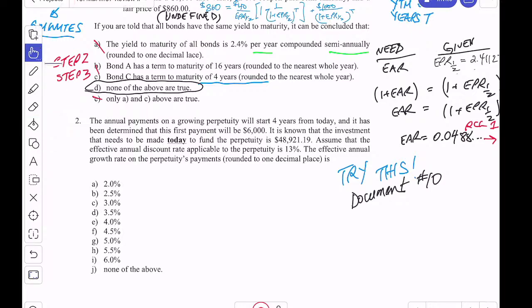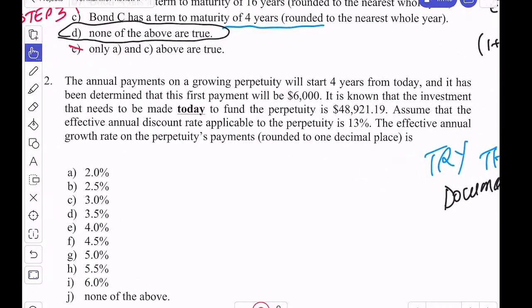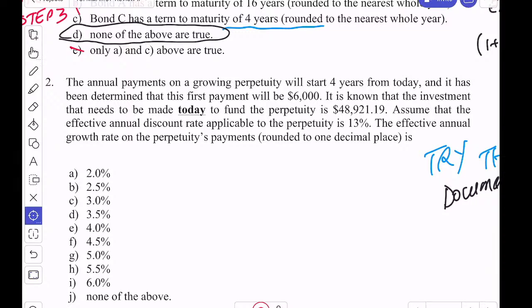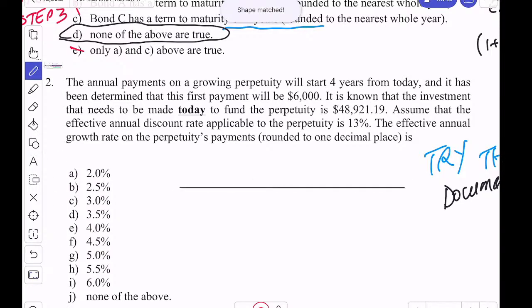So let's use the information to present value the perpetuity. You're told that annual payments on a growing perpetuity will start 4 years from today, and it has been determined that this first payment will be $6,000. If I was to draw the timeline, it starts 4 years from today: 0, 1, 2, 3, 4.